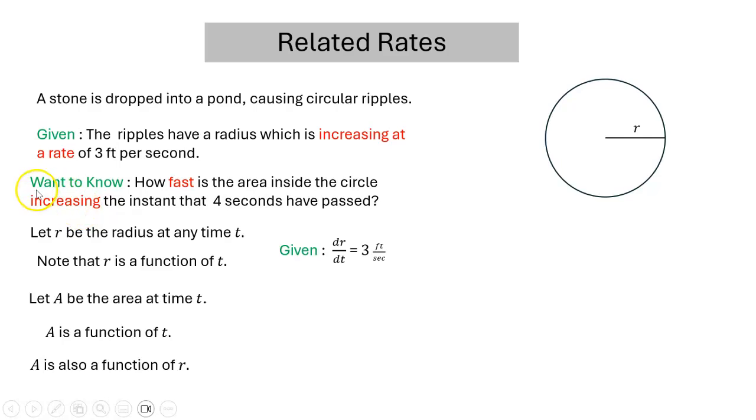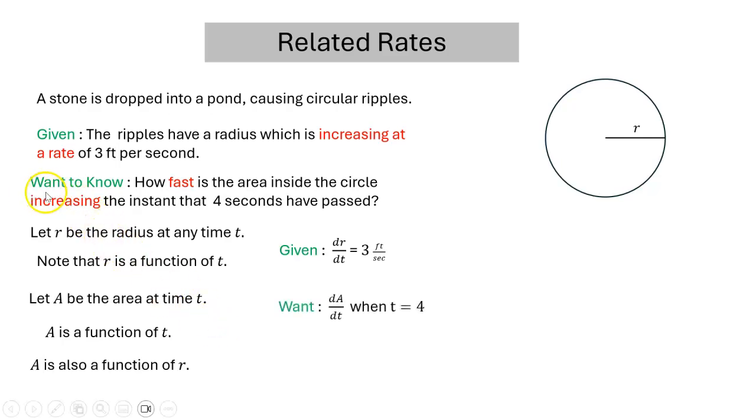But how do we translate our want to know statement here from English into calculus? Notice I have fast and increasing here in red. When you see things like that again, you should be thinking, hey, I'm either being told or asked something about a derivative.